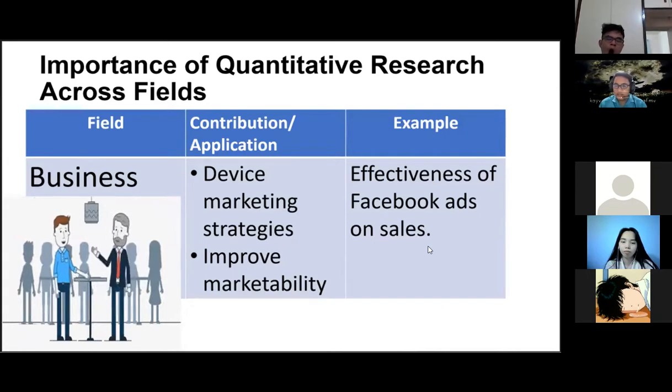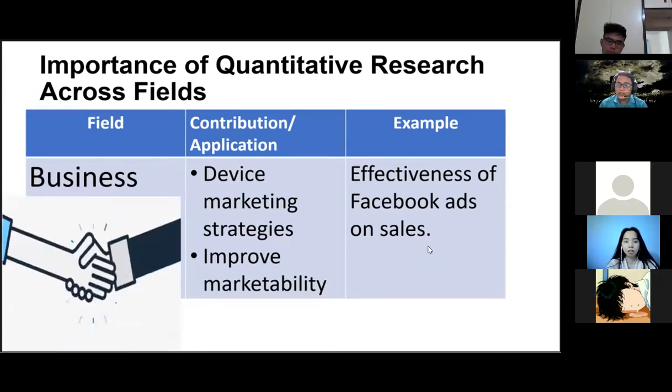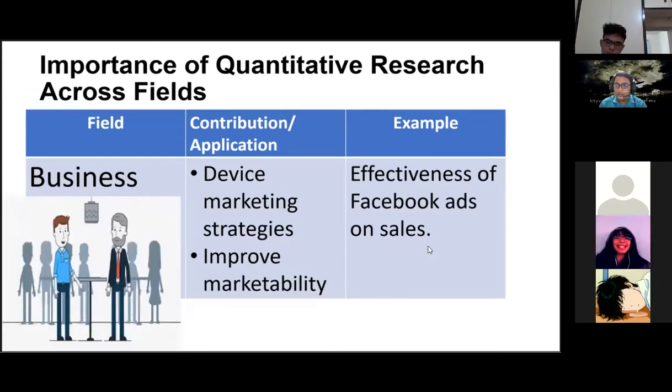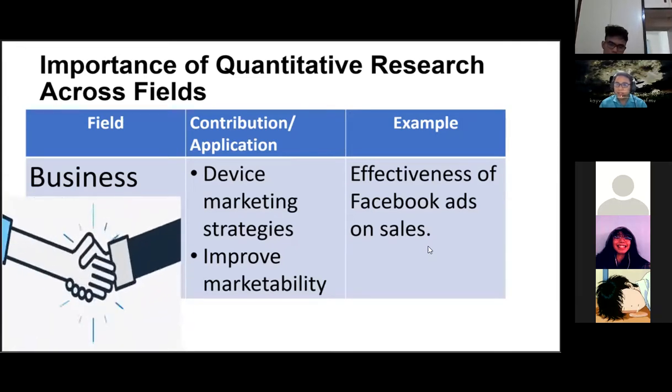Okay, with that research na malalaman natin what are those techniques in order for us to improve marketing strategies or improve marketability. And also to come up with a product which is very timely.